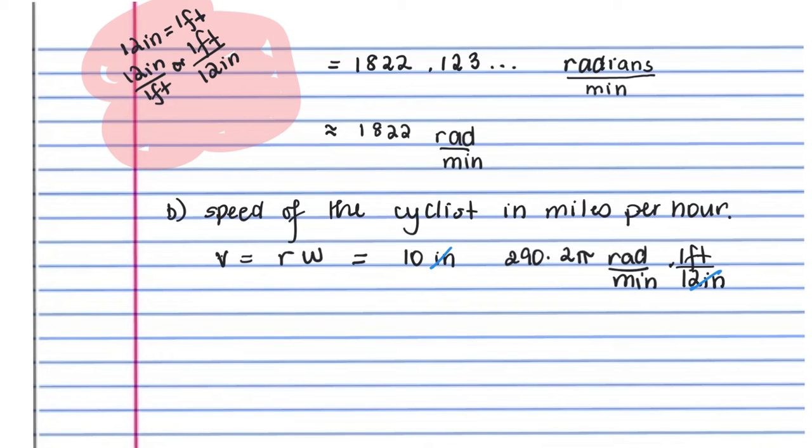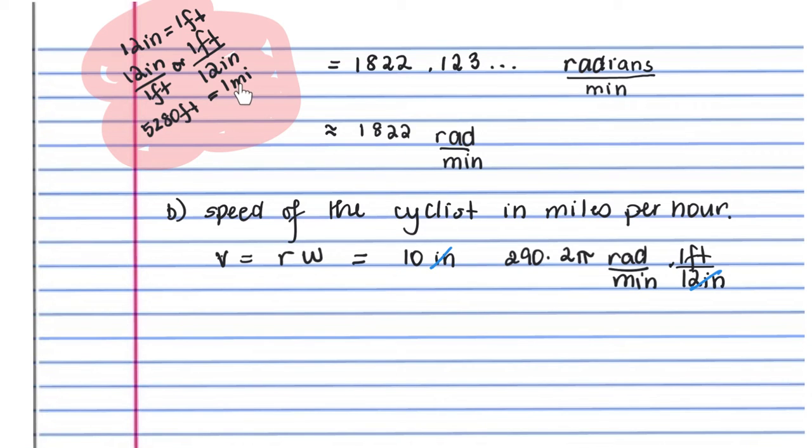But again, I'm asked to find it in miles per hour. I know that 5,280 feet is equal to 1 mile. Since I want miles in the numerator, because I want miles per hour, I want to use the ratio where the mile is in the numerator.